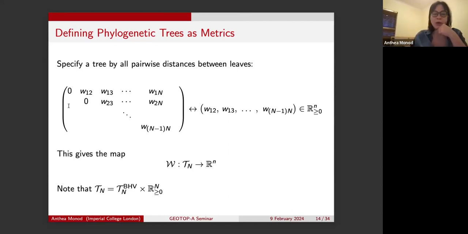One way to write this down is in terms of a matrix, in particular an upper triangular matrix, because it's a distance matrix, looking at just pairwise distances between leaves. And you have all of this information in the upper triangular portion of this matrix.